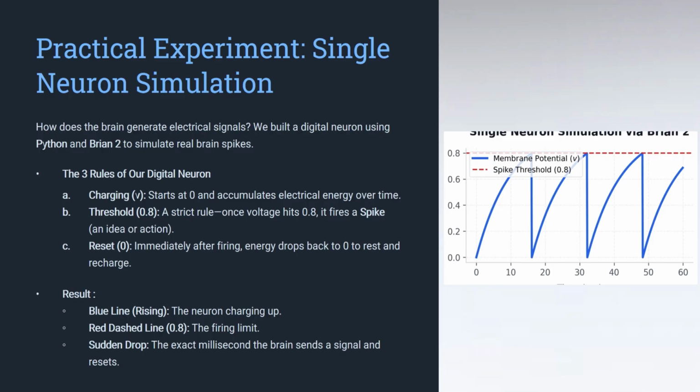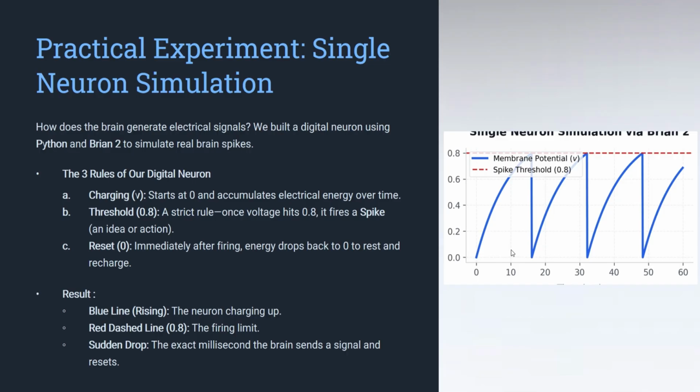This model uses three simple rules. First is charging: energy starts from zero and increases over time. The second rule is the threshold, which is 0.8. Once the energy crosses it, the neuron fires a spike. After that, the third rule is reset: the energy drops back to zero, as you can see in the graph.